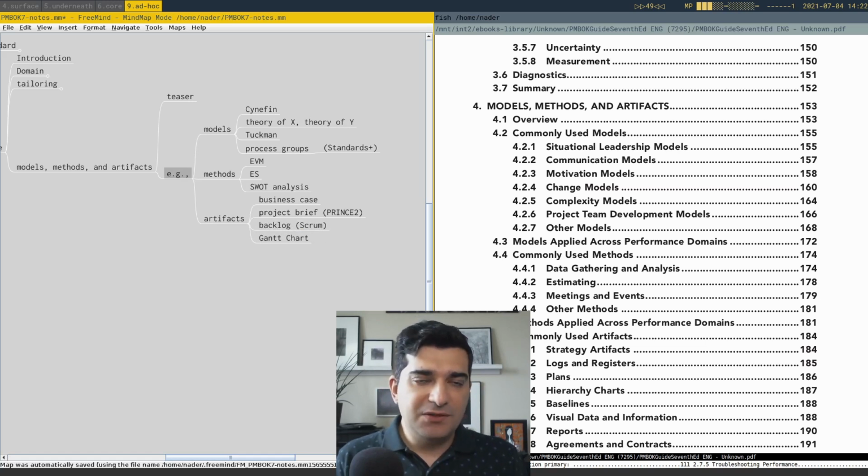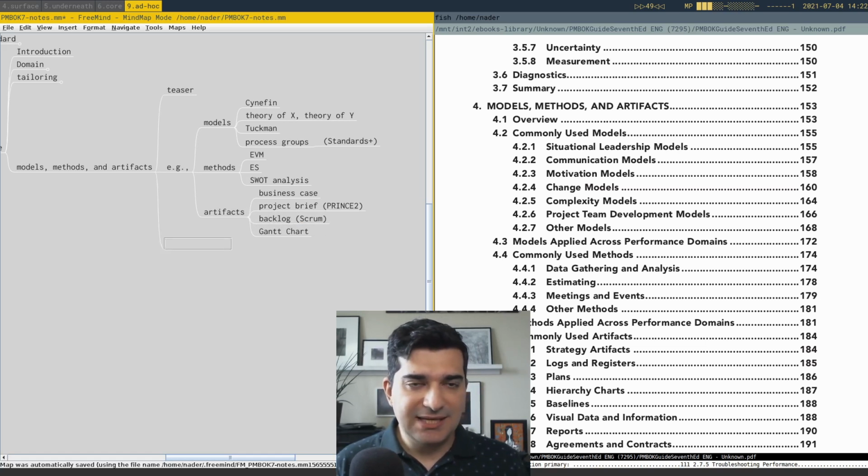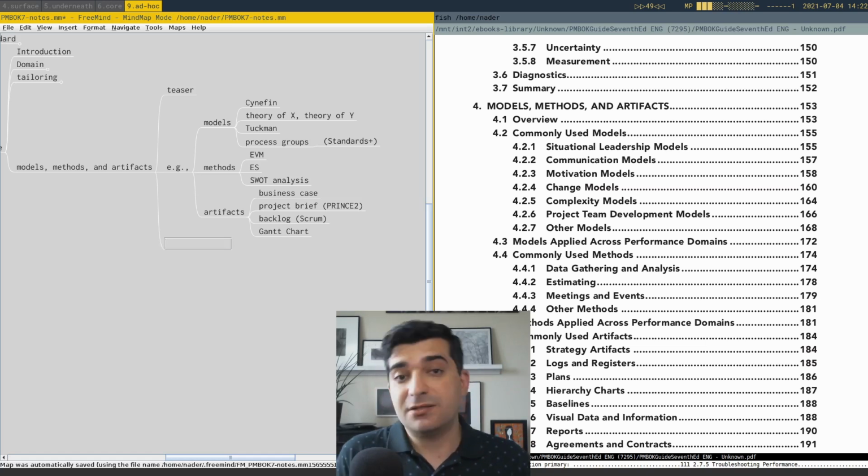Something you have to be really careful about is that these are all mentions, these are teasers. It doesn't mean that you can have an understanding of what, for example, project brief means in isolation. What project brief means depends on the whole system in Prince2 or any other system that uses the same phrase, project brief.